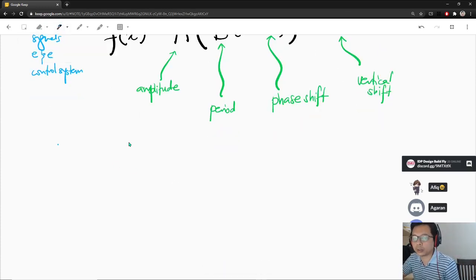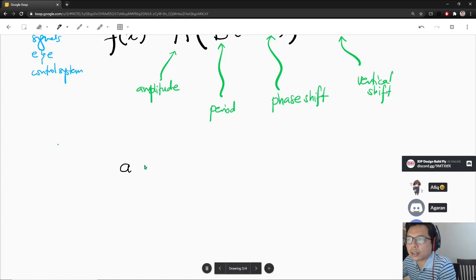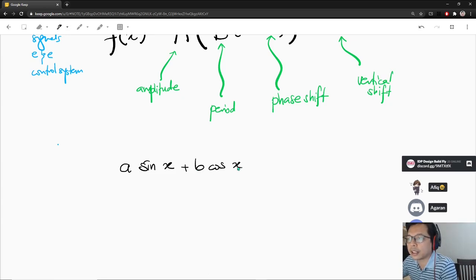There is one formula that I need you to remember. If you have a function a sine x plus b cosine x, this is a function of x, and these are just coefficients.